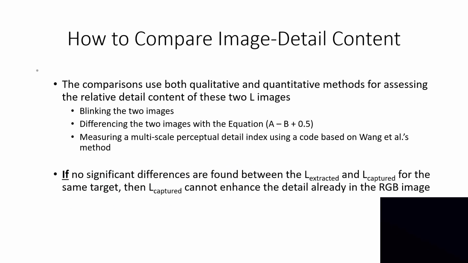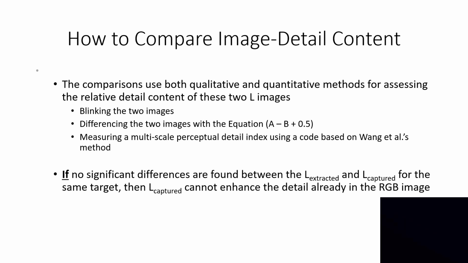So how do I compare them? Once I've processed them, I want to assess whether they have the same amount of detail in the two images. One way to do that is simply to blink the two images together. If you don't see any differences in the blinked images, that's a good indicator that there aren't any differences in the detail of the two images.